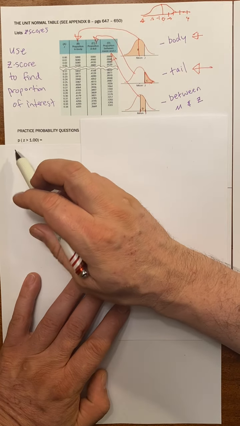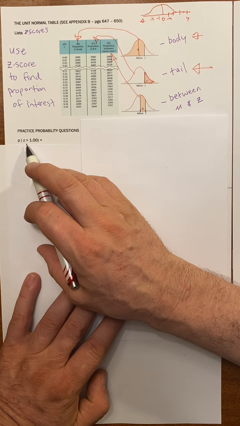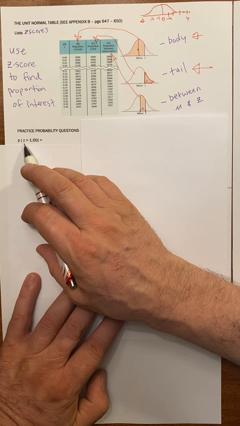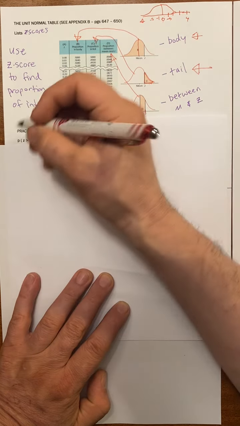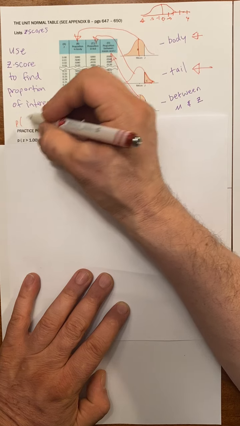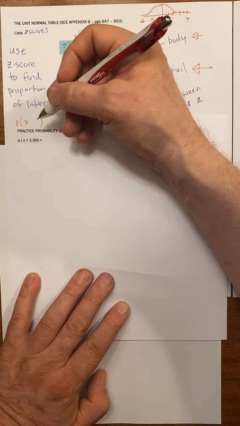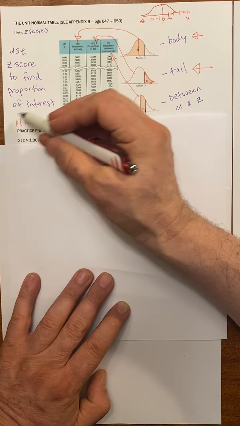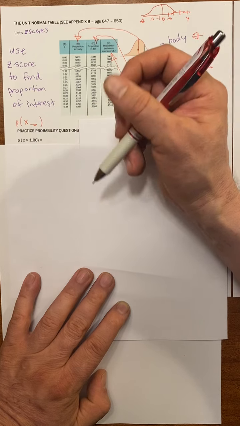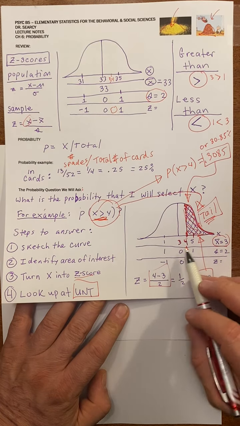This is saying, what is the probability that I'm going to find some z that is greater than 1? Before, it was the probability that I'm going to find some x value. Here, we're no longer looking for the x.